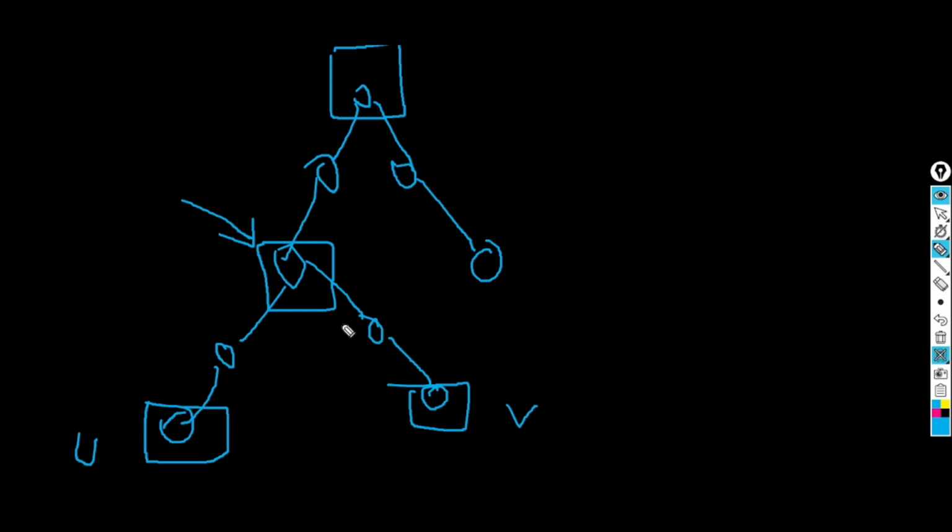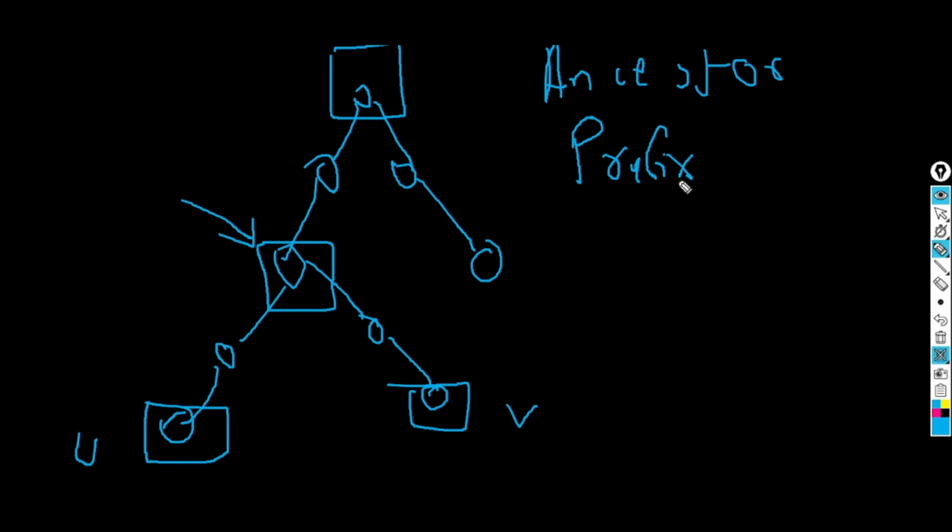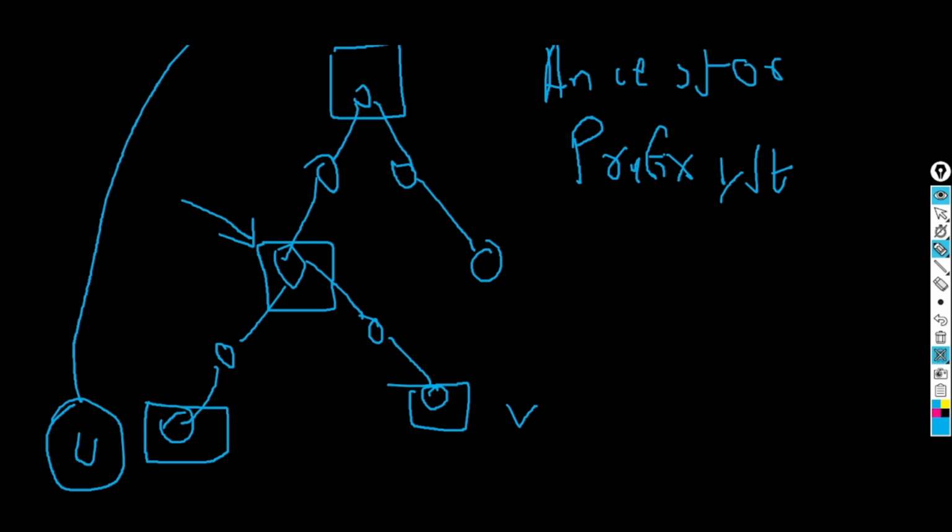Basically using that ancestor array, when we were creating the ancestor array, we can also create a prefix weight, which is going to store nothing but the distance of u from the root node, and the distance of v from the root node.